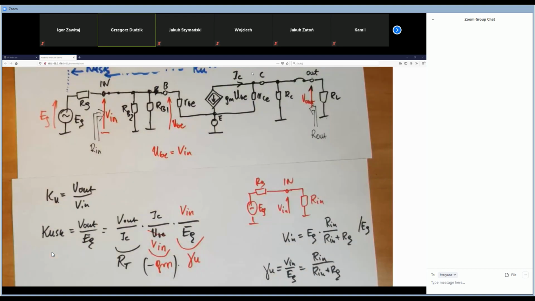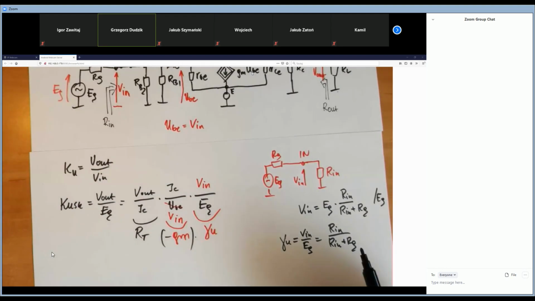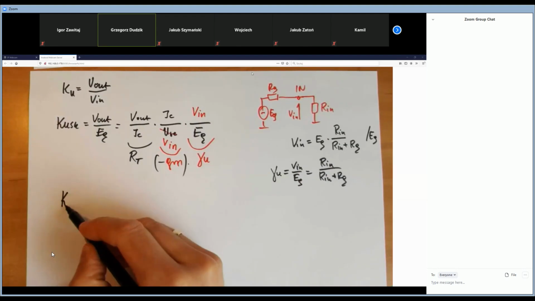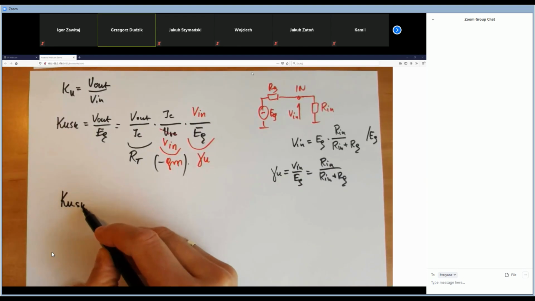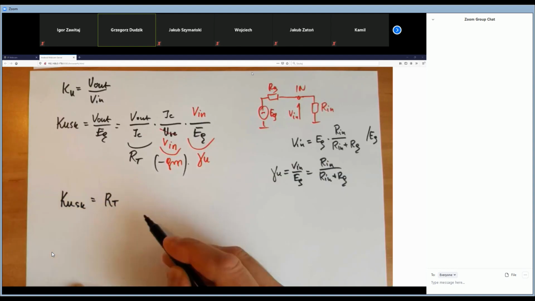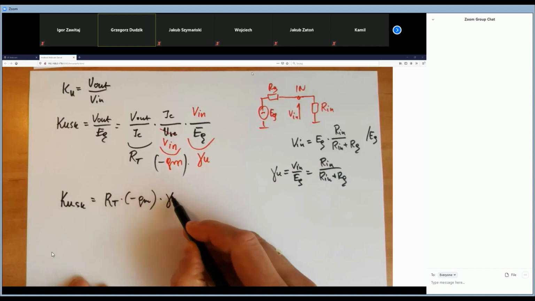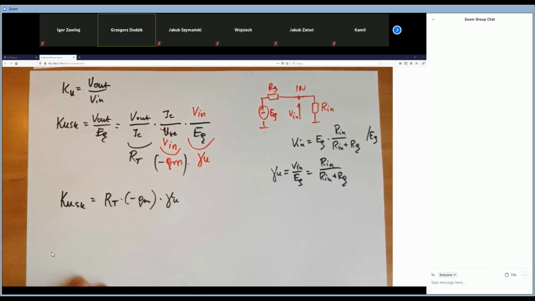Next thing. At this moment you can say that the effective voltage gain is the total output resistance times minus GM times gamma U. Okay.